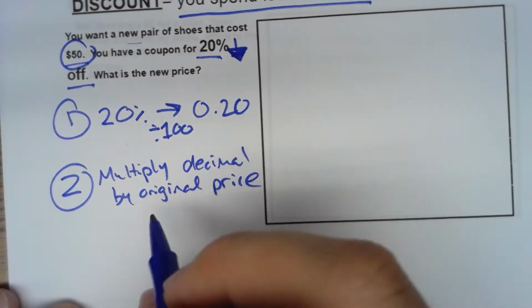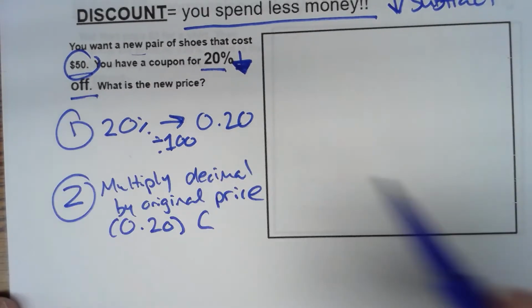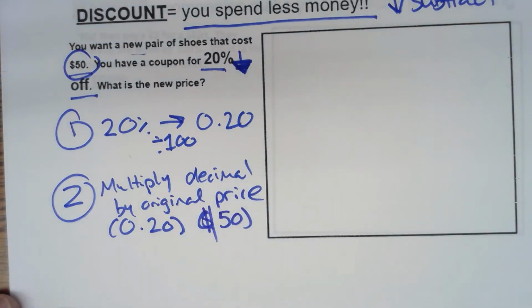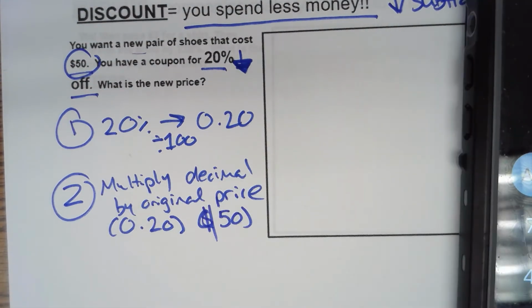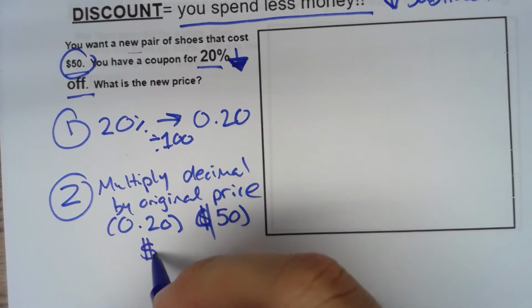Okay? So you're going to do 0.2 times the original price of $50. When I do that on my calculator, I get $10.